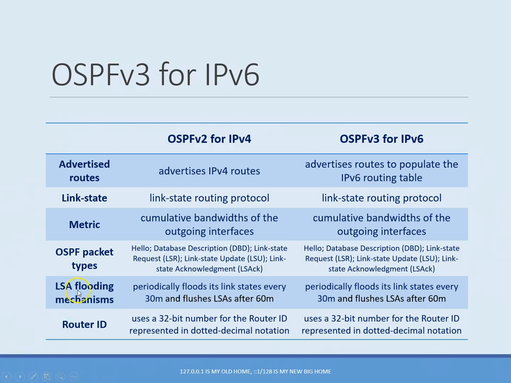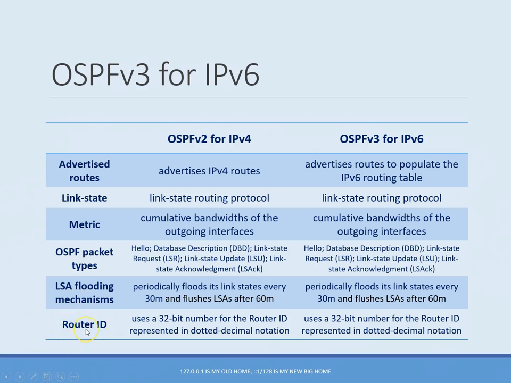In terms of the LSA flooding mechanism, the aging of the link state database as well as the flushing of LSAs from the routing domain through the aging process remains unchanged. Cisco routers running both of them periodically flood their link states every 30 minutes and flush LSAs after 60 minutes.